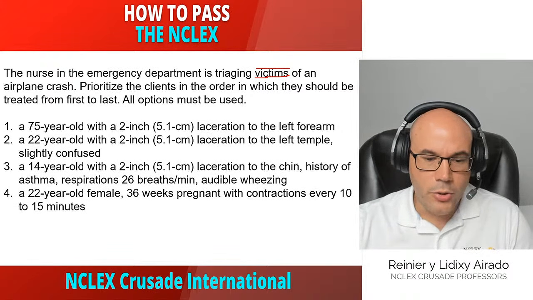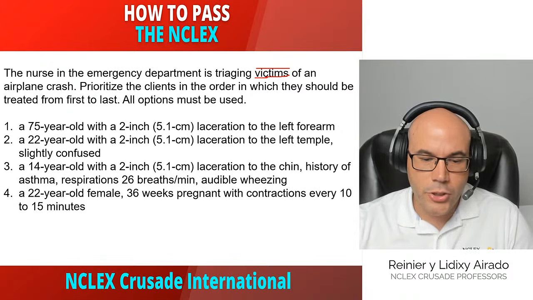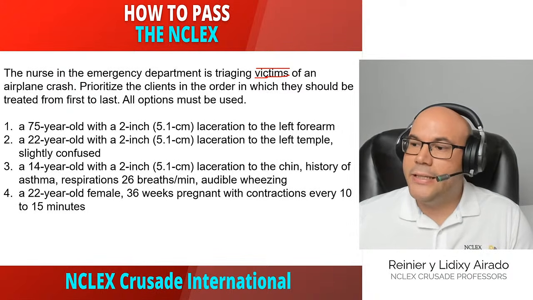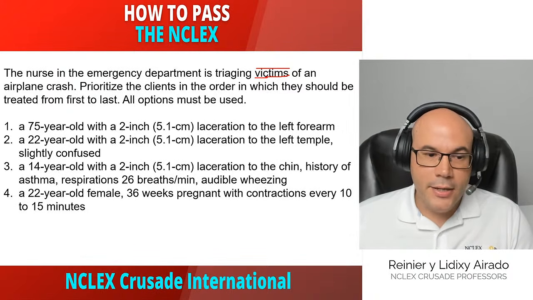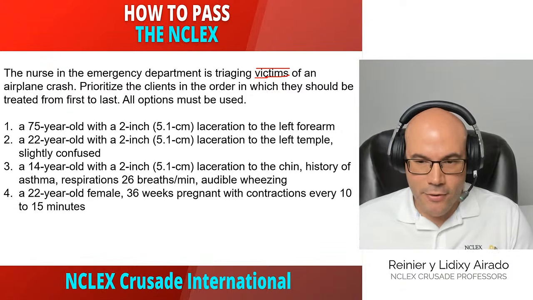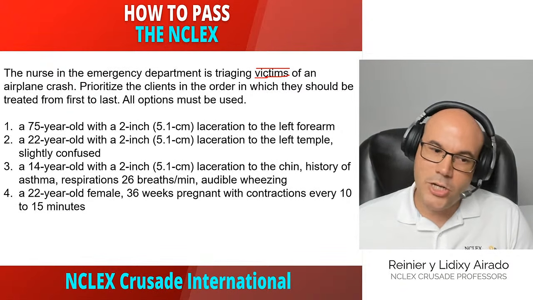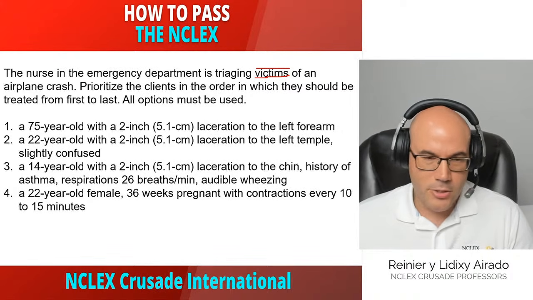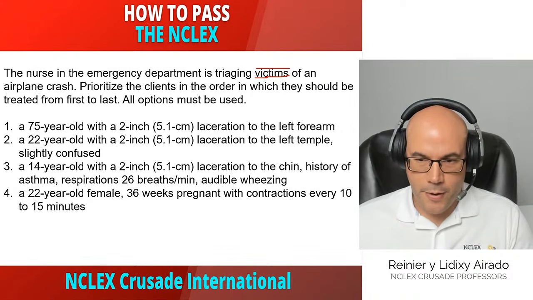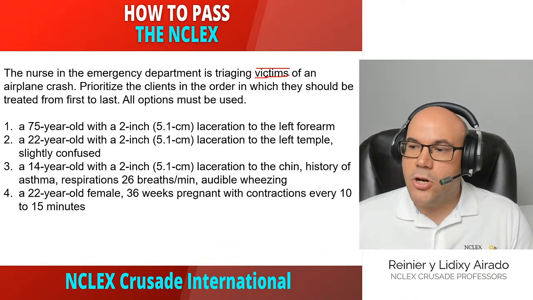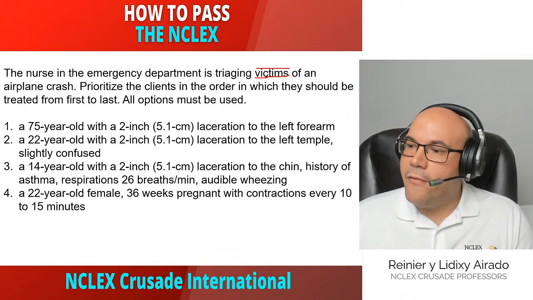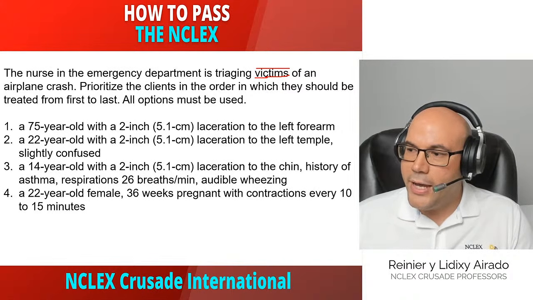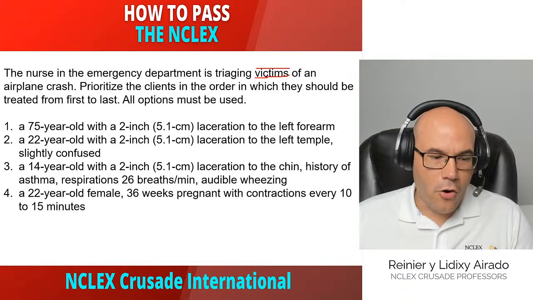So, what are we going to do? The first thing that I want you to do is determine which patient has a life-threatening condition and which patient has a non-life-threatening condition, because that's going to be useful to prioritize. So answer number 1, 75-year-old with a 2-inch laceration on the left forearm.